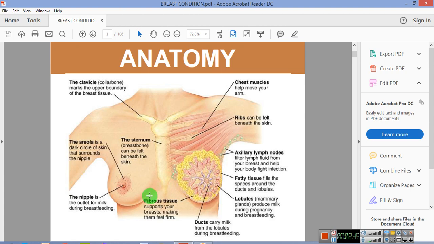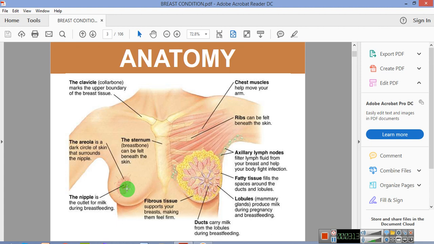The nipple is the outlet for milk during breastfeeding. The areola is the dark circle of skin that surrounds the nipple. It darkens more during pregnancy. We call it Montgomery's tubercle.